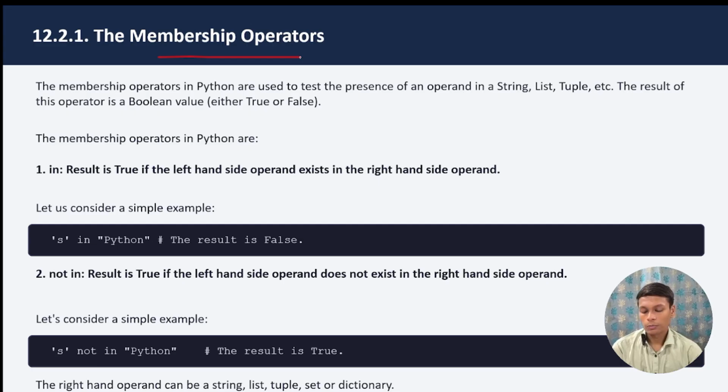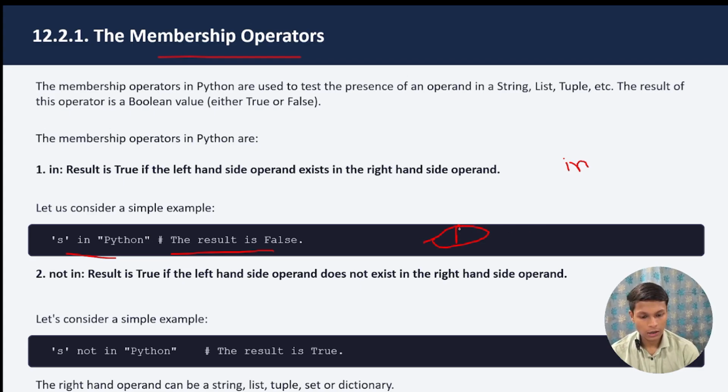Now let's talk about the membership operator. What are membership operators? Membership operator is in. Like, I will say that Python gives you readability. To see readability here, in Python the result is false. Why? In means something inside this.